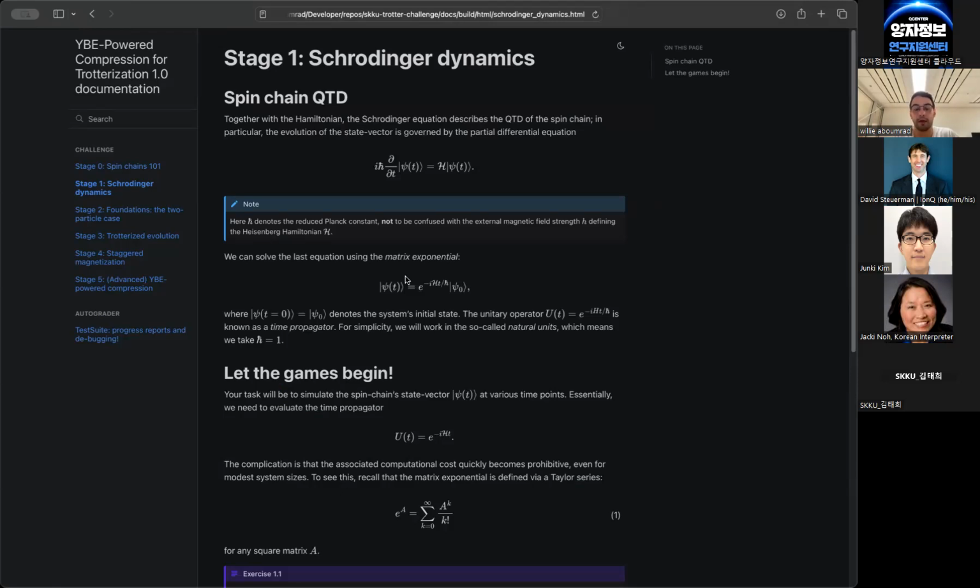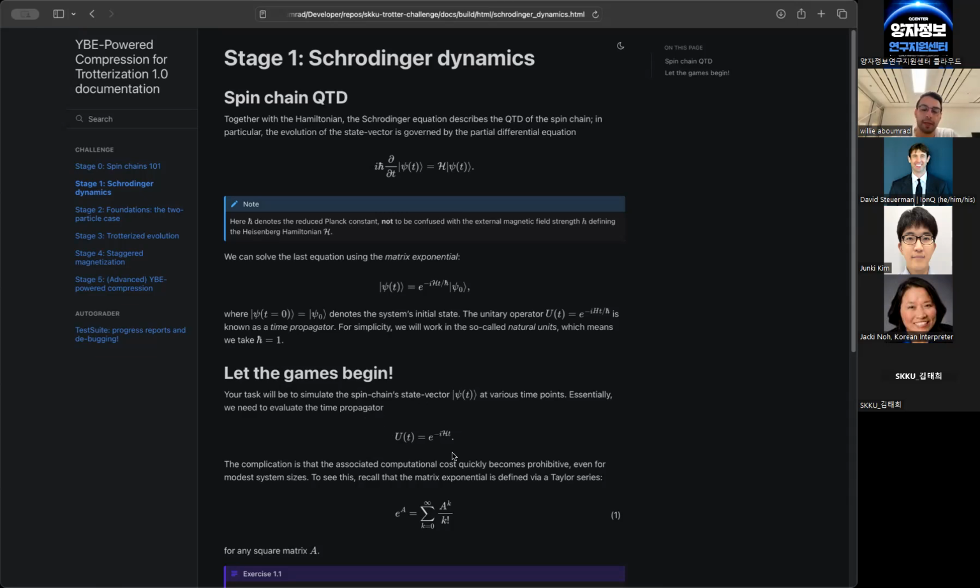We're focusing on a one-dimensional chain with only nearest neighbor interactions. And that chain's dynamics are going to be governed by the Schrodinger equation, which is this time-dependent partial differential equation. It turns out that this equation can be solved by something that mathematicians would call a matrix exponential, and physicists would know as the time propagator, right?